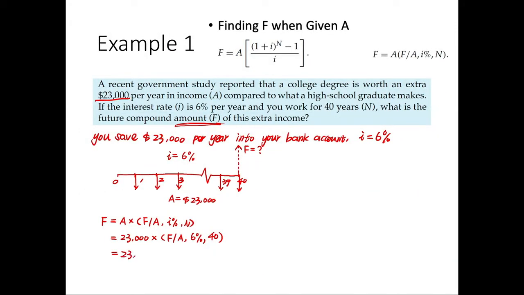So you continue the calculation: 23,000 times that factor value you just found from the table, 154.7620.